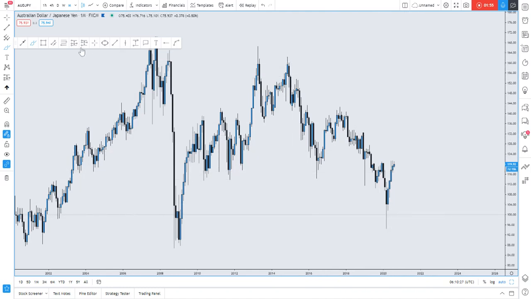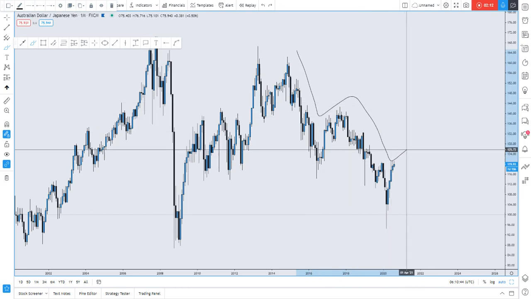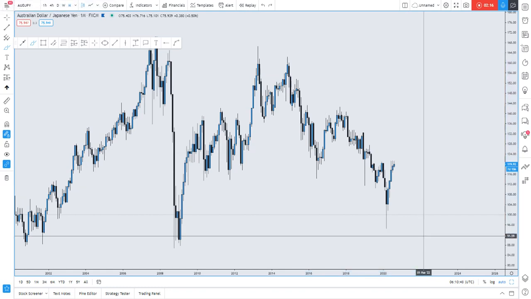Looking closely at this area right here, you can see price is on the downtrend. No arguments there. And you can see red: an impulse, a correction, an impulse, and we have a correction here. So what we expect is an impulse to the downside.